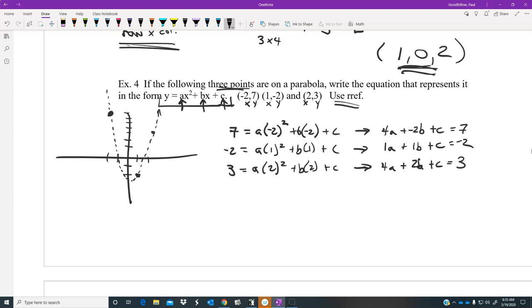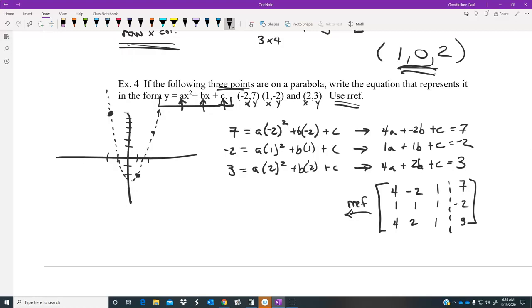Now, the last thing I would want to tackle on this is a double elimination concept. Why can't I just turn this into 4, -2, 1, and 1, 1, 1, and 4, 2, 1, and the augmented matrix is 7, -2, and 3, and use RREF on that?